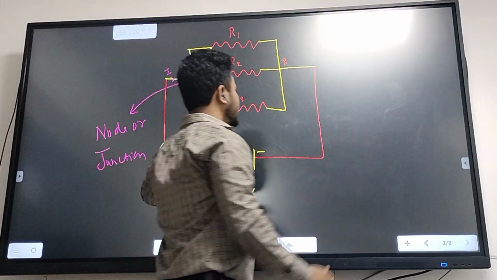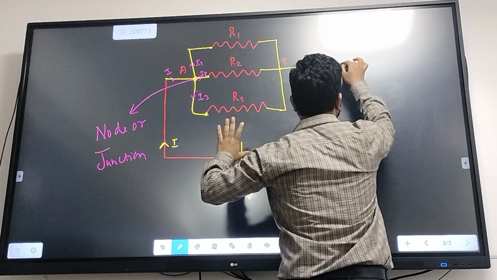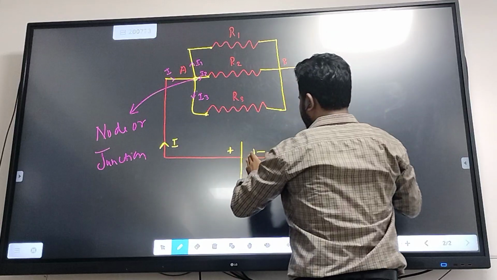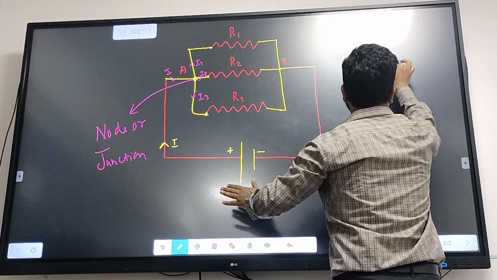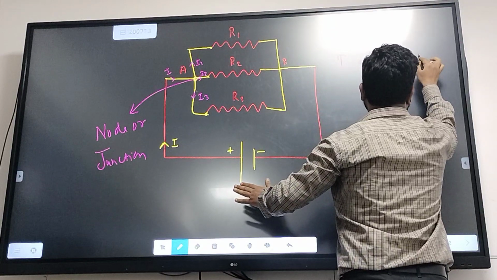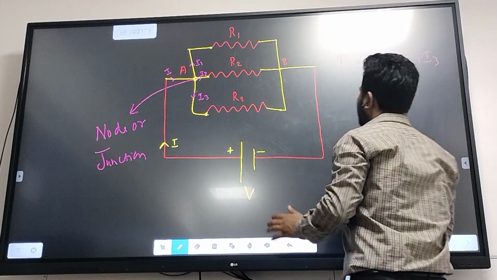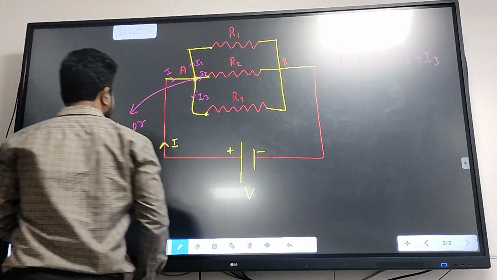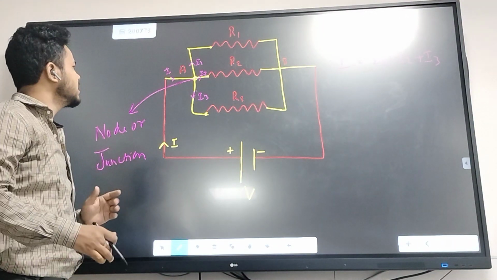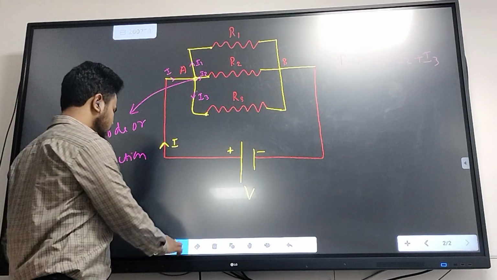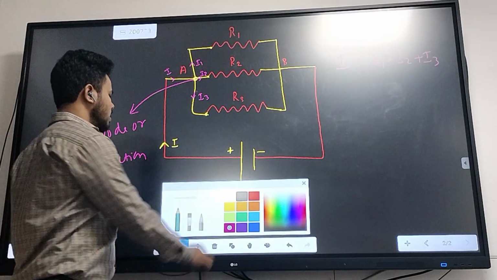So from here, with simple addition, I can say that the total amount of current flowing through this cell is I equals I1 plus I2 plus I3. Now I'll follow the same step as in the case of series resistors. I will write using Ohm's law.